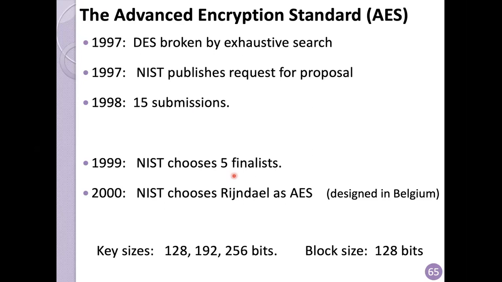And in 2000, NIST chose Rijndael, which was the name of the algorithm, as the next standard. It works with these key sizes: 128, 192, 256, and the block size, or the ciphertext size, is 128. Of course, this is a block cipher. It means that it works on a block of data, not a stream of data.